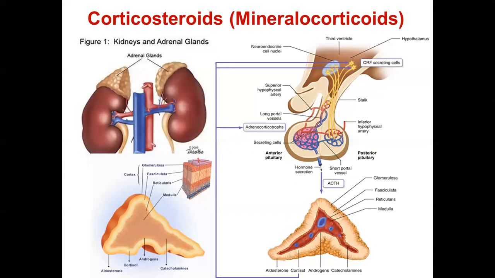Glucocorticoid contains cortisol, and mineralocorticoids contain aldosterone. Also the ACTH secreted from the anterior pituitary has an important role in regulating the steroid hormone.